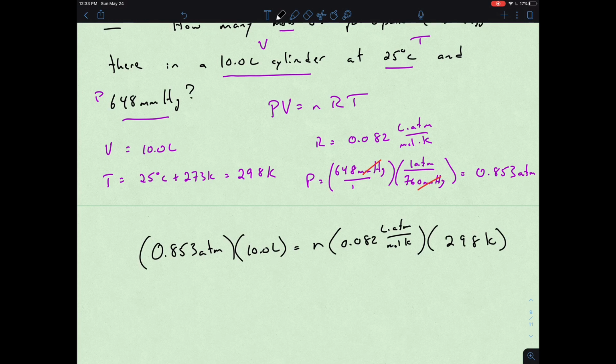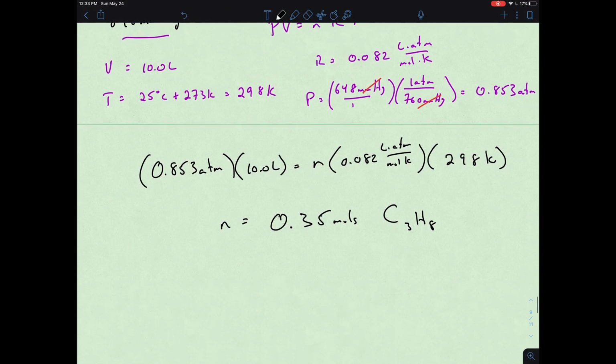And so we just need to do our algebra and divide everything over the 0.082 and the 298, and we get a value of 0.35 moles of the propane. So that's one example, right? Pretty straightforward example with our idea of just using the ideal gas law to get to moles.